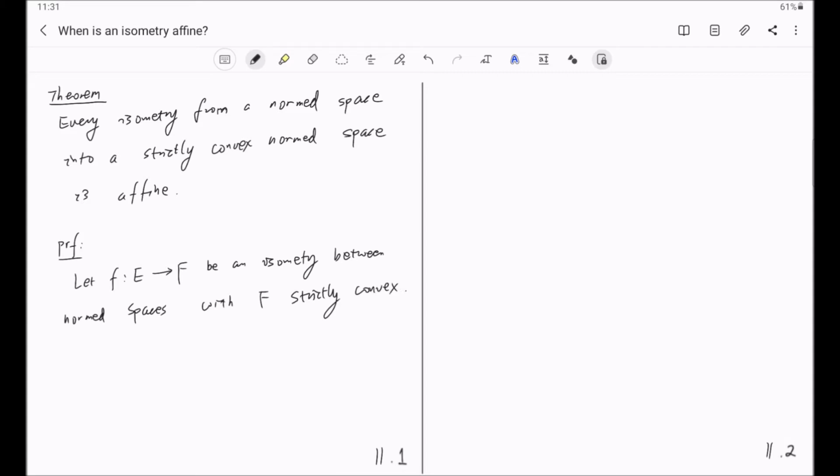To show that f is affine, it suffices by proposition number 3 to show that f preserves the middle point of any line segment.